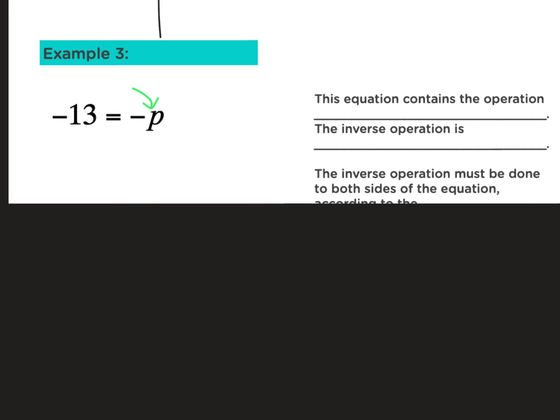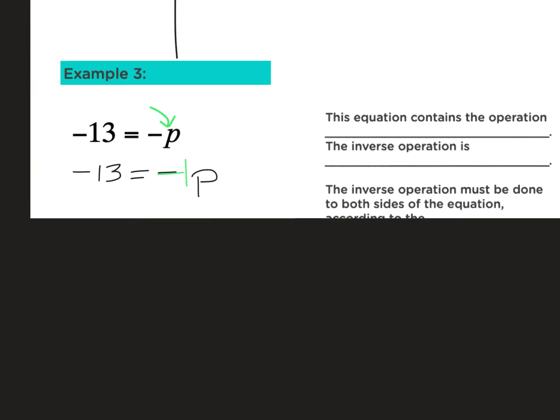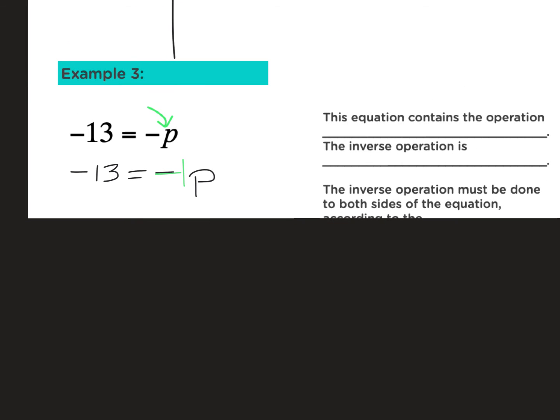So this is really negative 13 is equal to negative 1 times P. There's a little secret 1 in front of that variable, so there's technically a negative 1 sitting there.